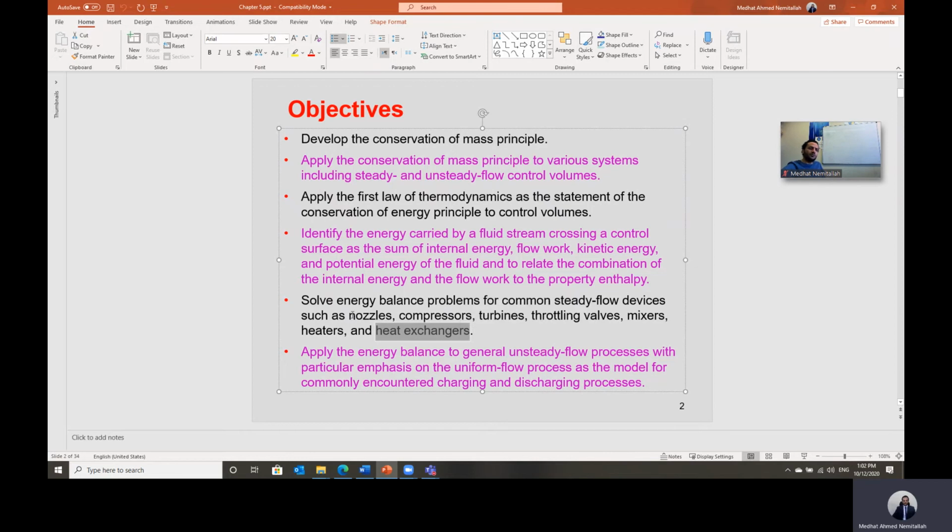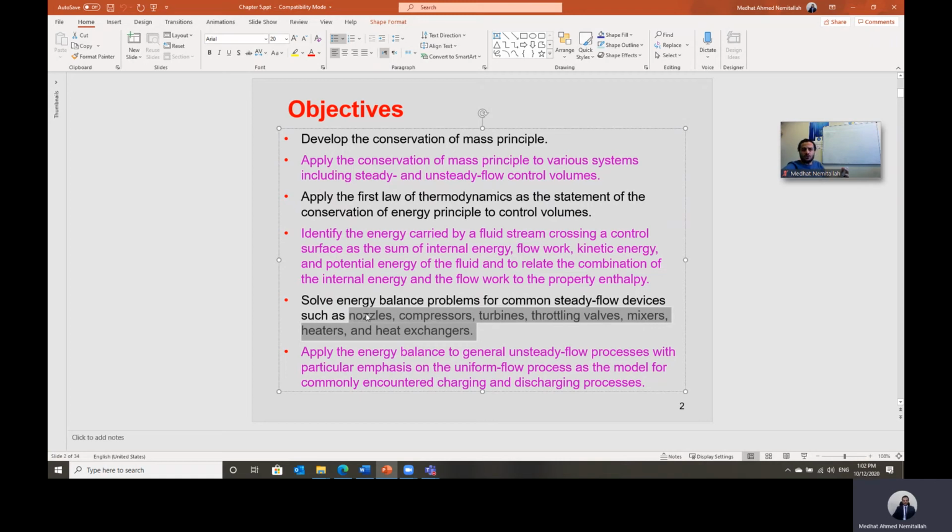When we cool down a hot fluid using a cold fluid, we call this a heat exchanger. Most engineering devices are steady flow devices. We don't have accumulation of mass within the system, and also we don't have accumulation of energy. We'll consider all of these devices and apply the first law of thermodynamics for a steady flow open system.